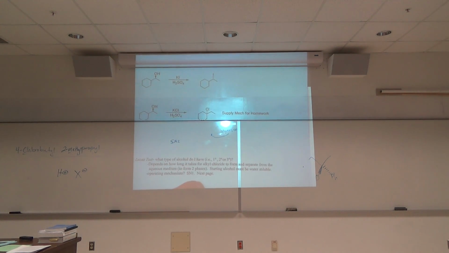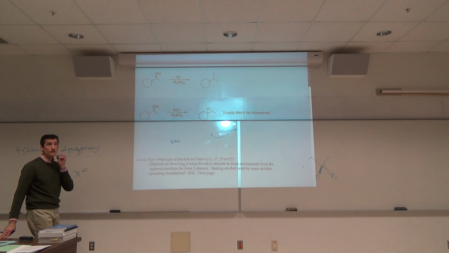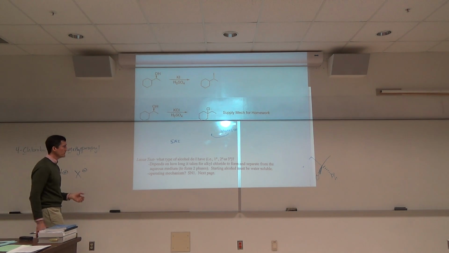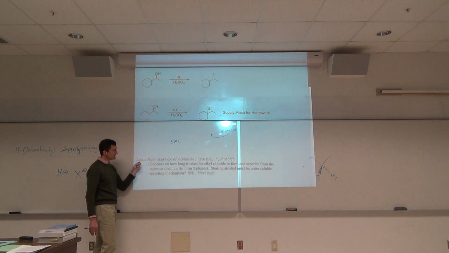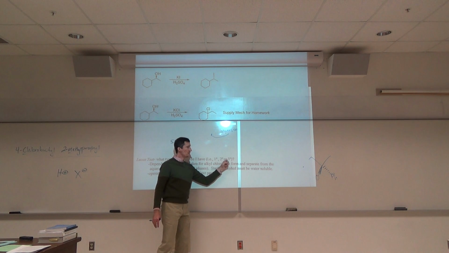Please look at those 2. There will be a number of chemical tests throughout the semester. Okay? A little bit old-fashioned, a little bit outdated. I like them because they reinforce the chemistry and the mechanisms. Okay? Also, a little bit of practical knowledge. Lucas test. The Lucas test tells you what type of alcohol you have, that is, is it primary, secondary, or tertiary?